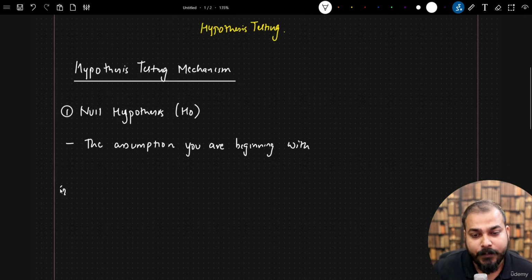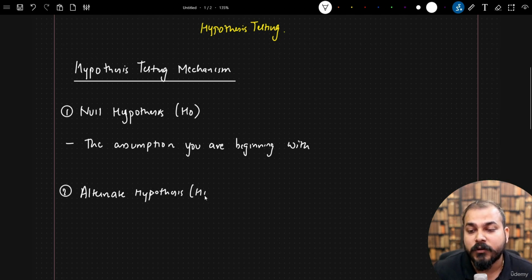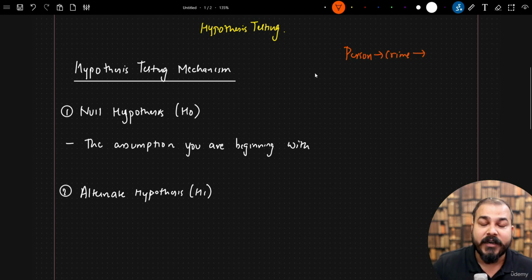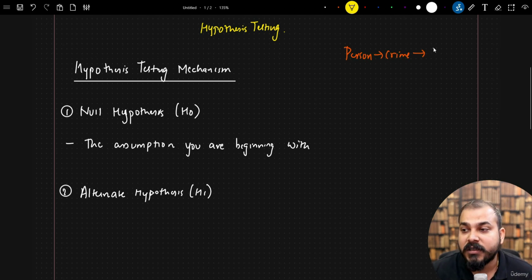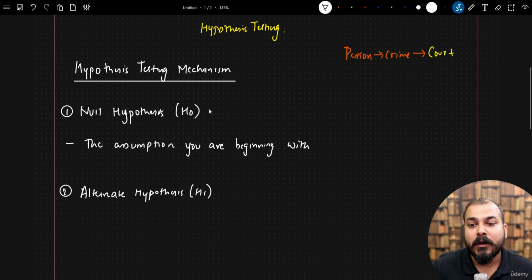The second step is to write our alternate hypothesis. In the case of the alternate hypothesis, we use H1. So let me give you a very good example. Let's say a person has committed a crime. Whether this person has committed a crime or not, the police take them to the court. When they take them to the court, initially the judge will say that he is not guilty until proved.